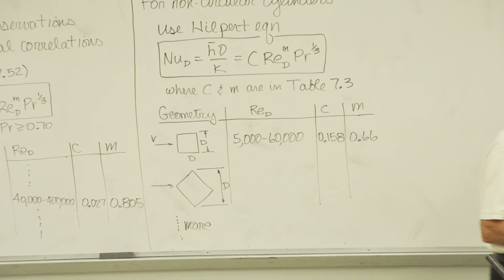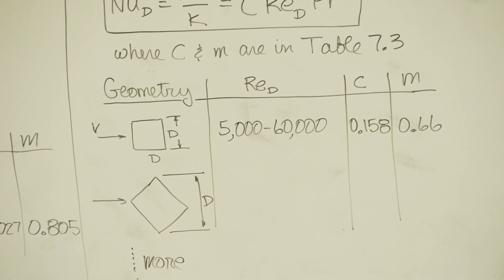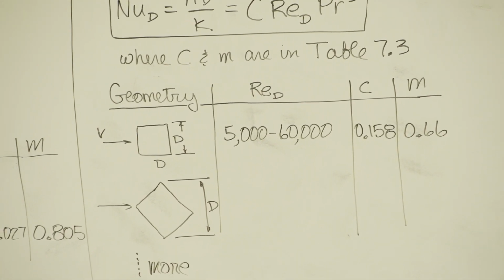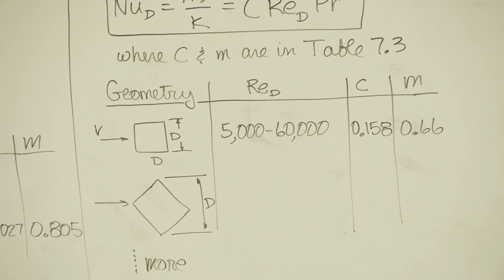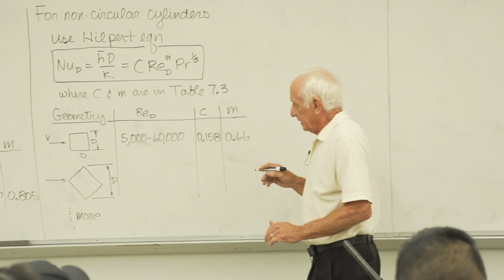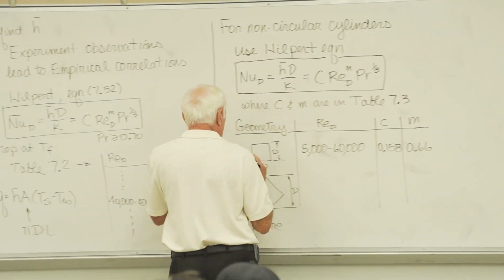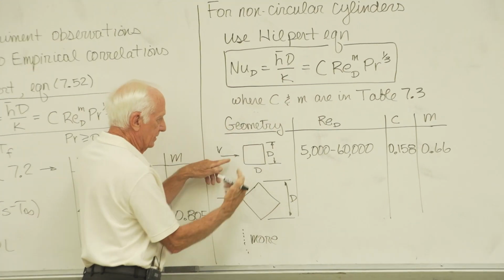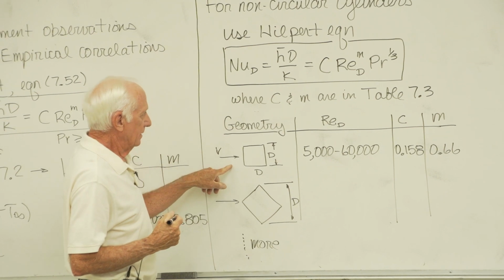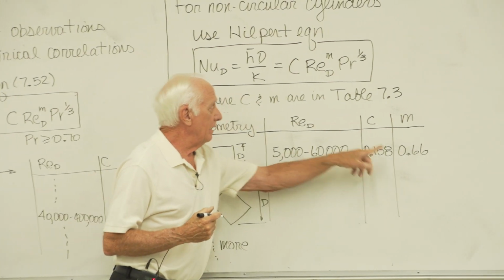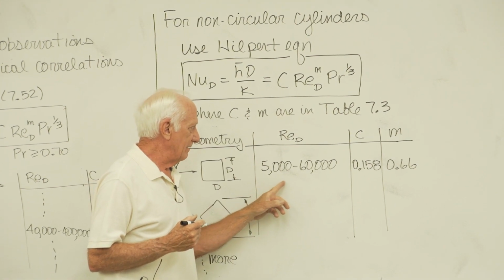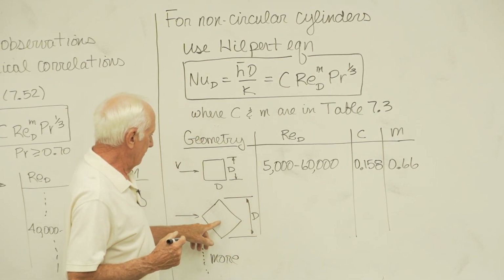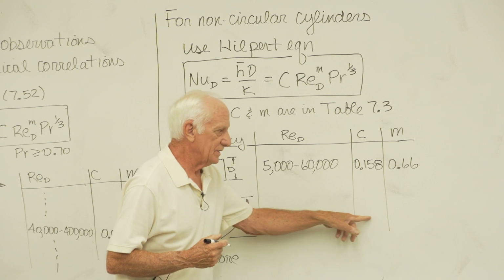So you look at your geometry. Let's say it's a square tube. Is the velocity of the fluid coming in normal to the surface? Here, yes. Put these constants C and m in here for the Reynolds number range 5,000 to 60,000. Down here for this picture, there are other C and m values.